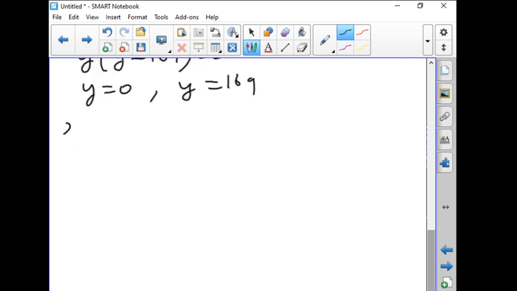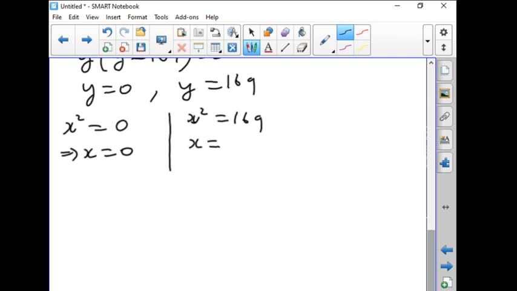But what is y? x square. So x square is equal to 0 means x is equal to 0. Then y equal to 169, so x square is equal to 169. So x is equal to plus or minus 13. But minus 13 is not possible, because sin inverse of a negative value cannot be taken here.